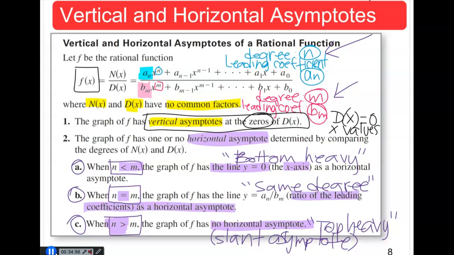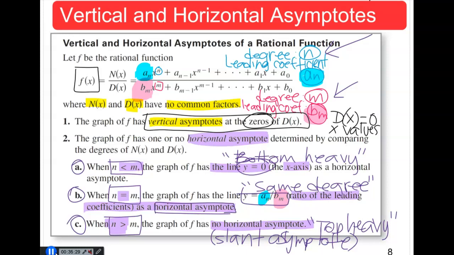So that will be our coefficient from the numerator, a sub n, divided by the coefficient of the denominator, b sub m. And recall that those are numbers, so we're going to get y equals a number, so that's why it's also a horizontal asymptote.